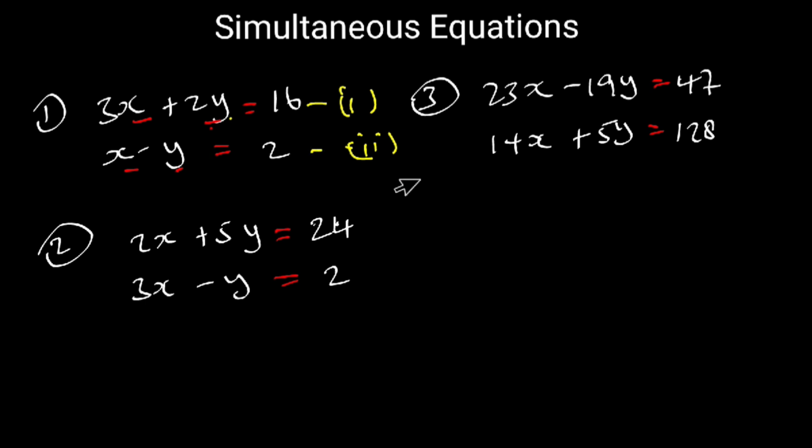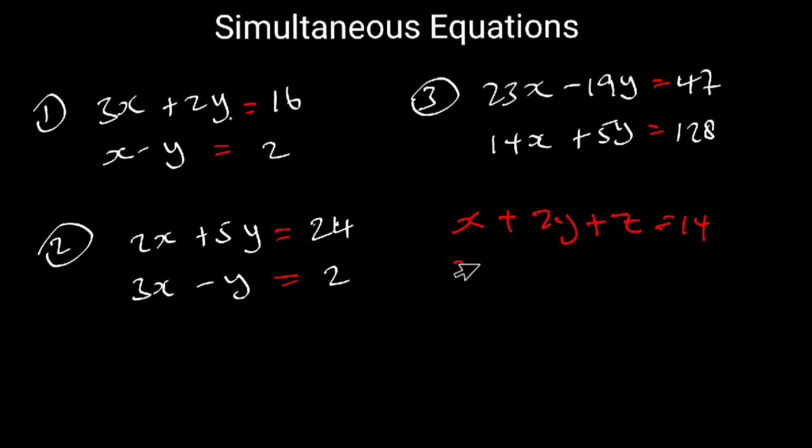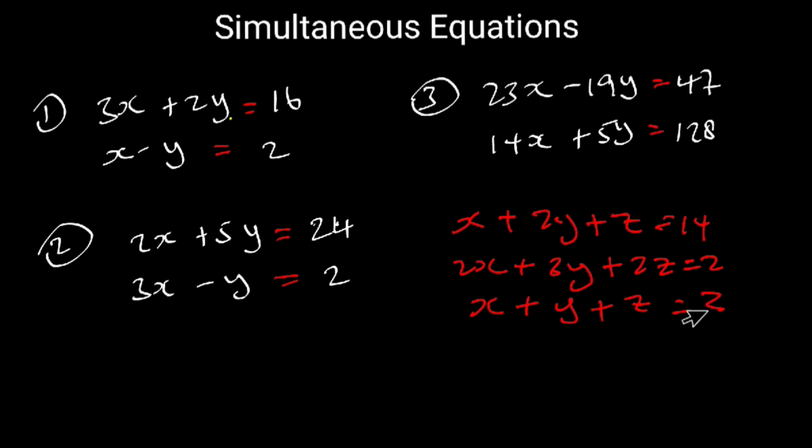There are cases where you have 3 or more unknowns in the simultaneous equations. For example, assume you have x plus 2y plus z equals 14, 2x plus 3y plus 2z equals 2, and then x plus y plus z equals 3.